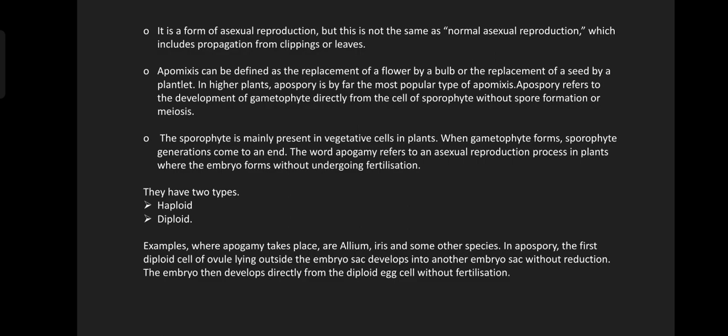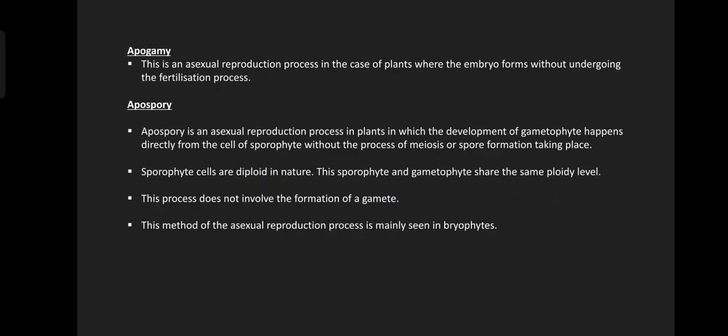In apospory, the diploid cell of the ovule lying outside the embryo sac develops into another embryo sac without reduction. The embryo then develops directly from the diploid cell without fertilization. Apogamy.